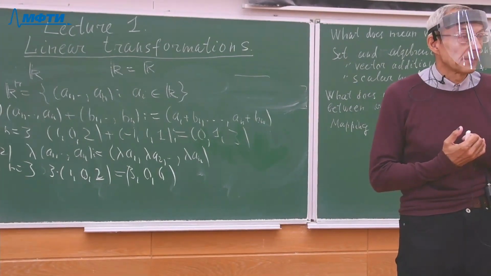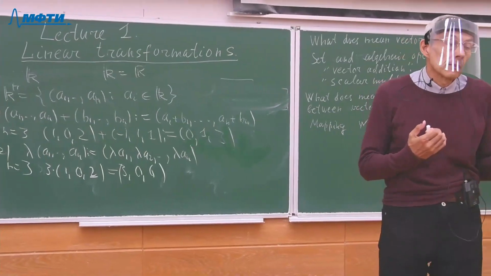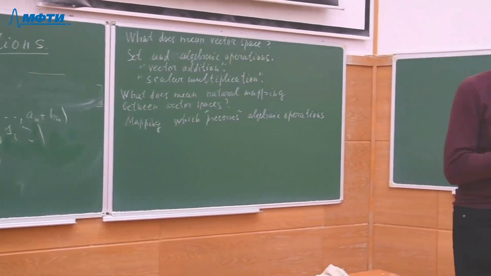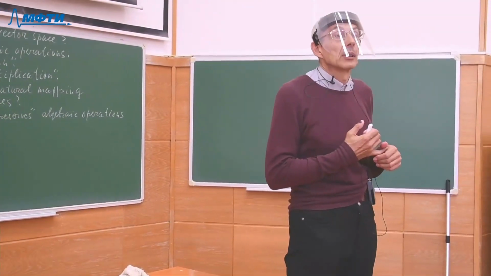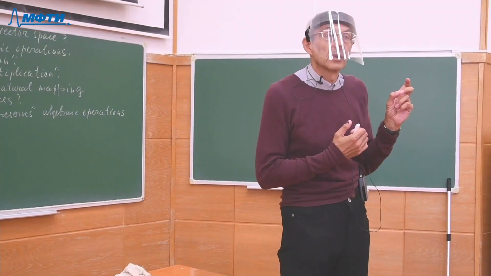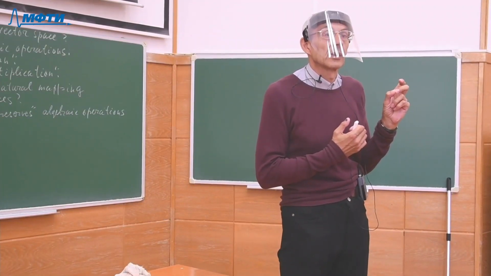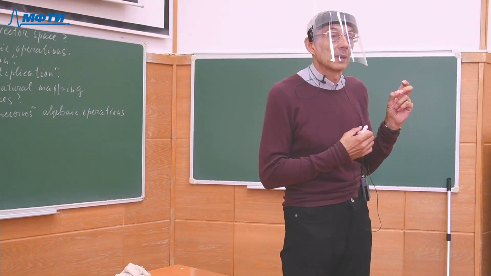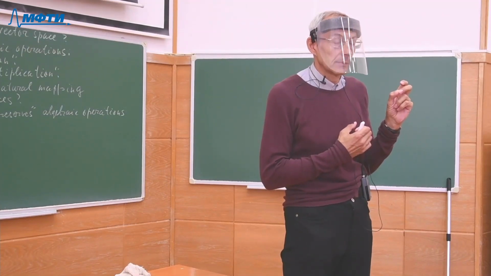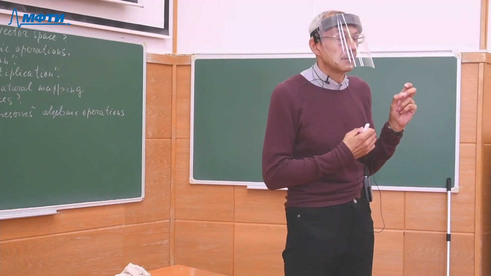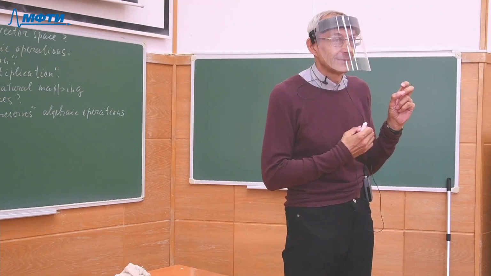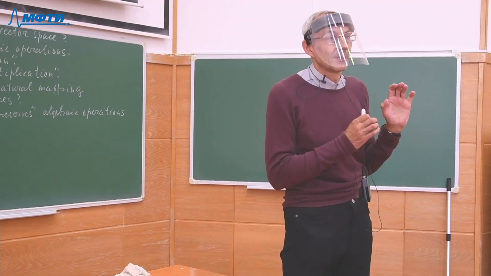Maybe everyone can explain: linearly independent and such that if there is lambda 1 a1 plus lambda 2 a2 plus ... plus lambda n an equal to 0.